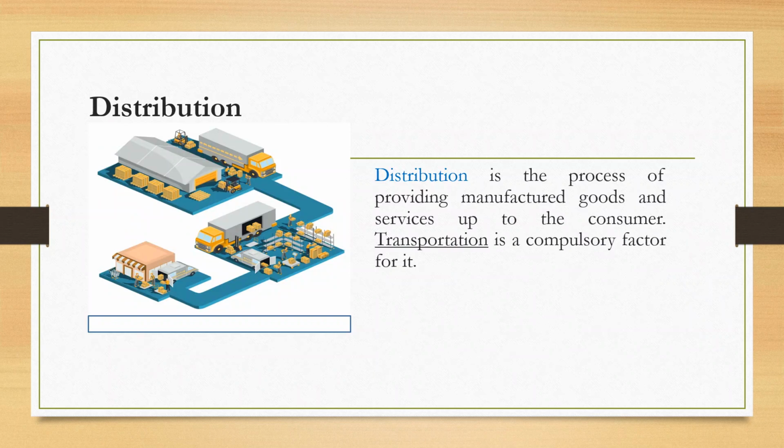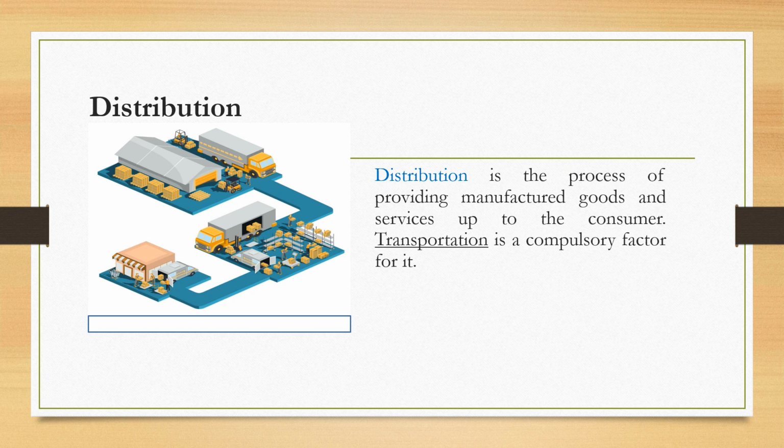The second process of economy is distribution. Distribution is the process of providing manufactured goods and services up to the consumer. Manufacturing means producing, right?